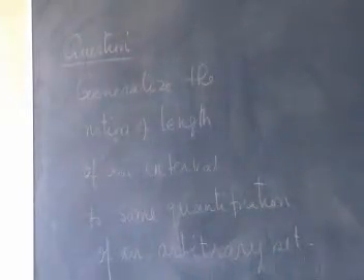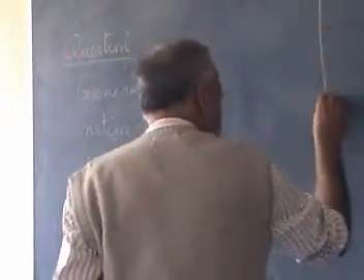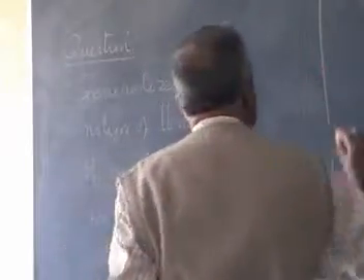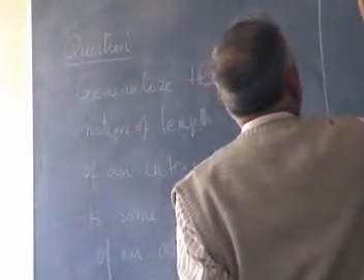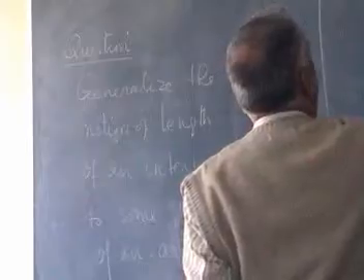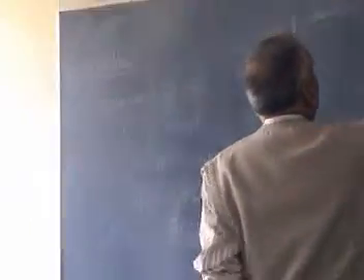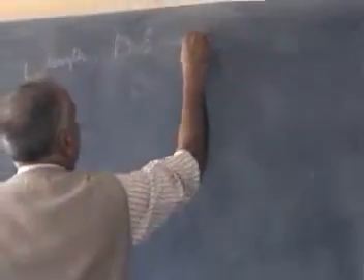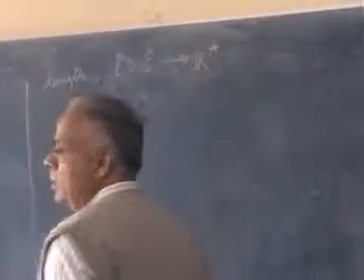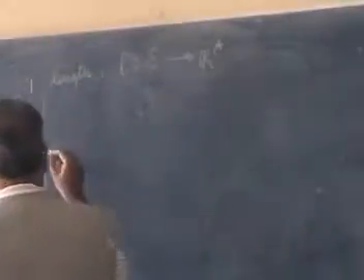Okay, so once again I will list: what is length? Length L is a map from the collection of all intervals, E, to the extended real number system.